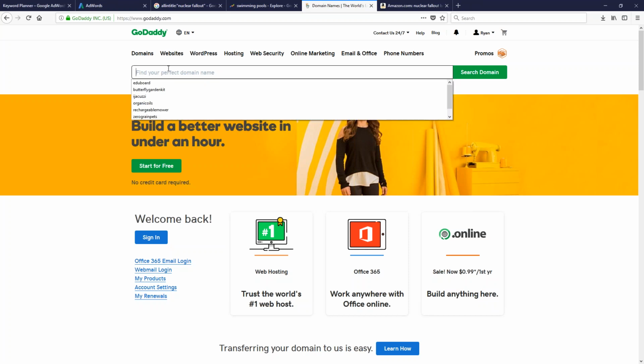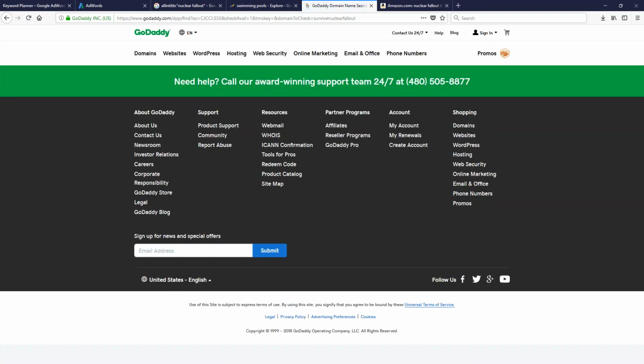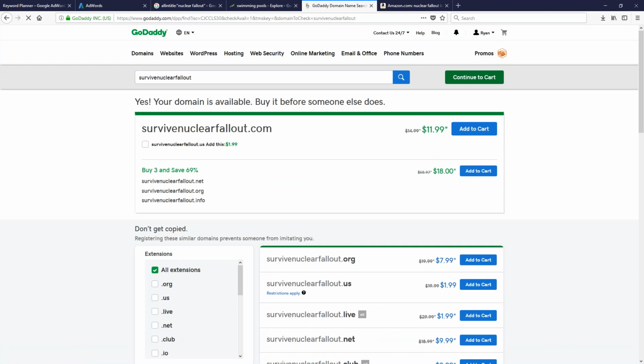So, just as an example, obviously something long, this would be the more traditional sort of keyword phrase that somebody might try to pursue. Oddly enough, it actually is available. It wouldn't necessarily be a bad one to try to go for.